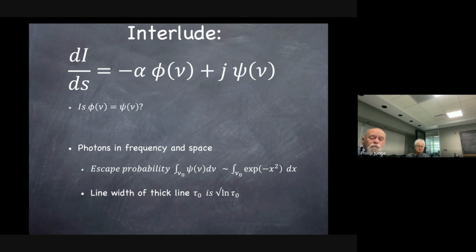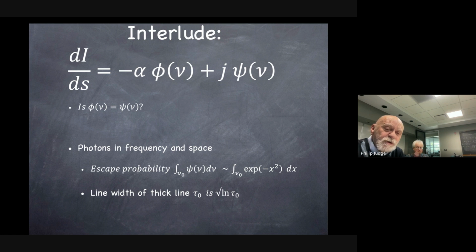And that is called complete redistribution. Okay, that's a word which says that independently of whether a photon, and now I'm starting to talk about photons here. So here is an algebraic formula which has continuous functions. There's nothing quantum mechanical about that one there.